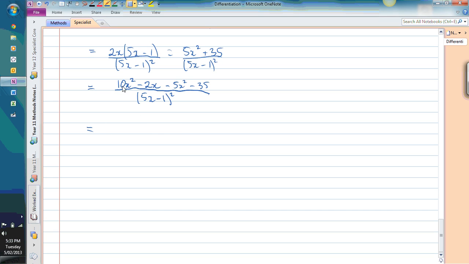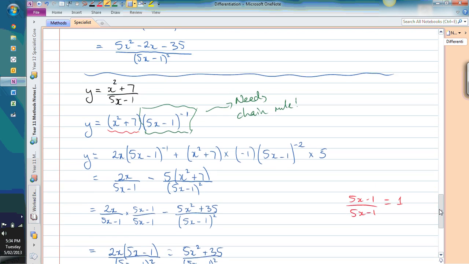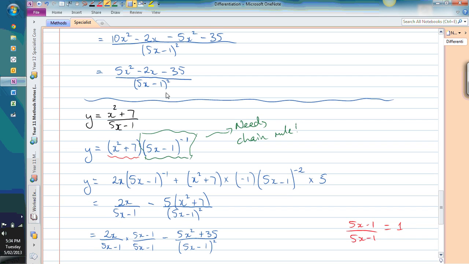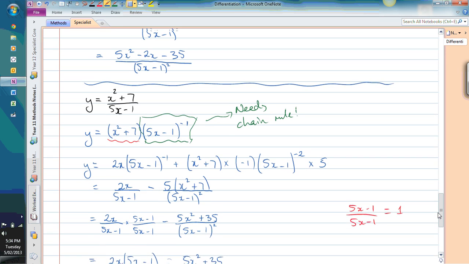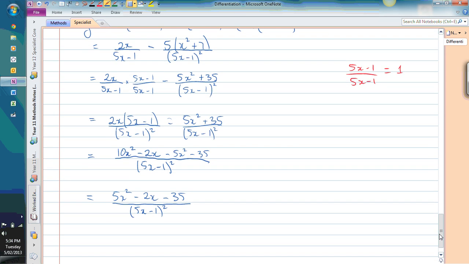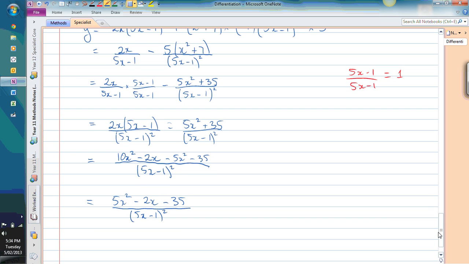And gathering like terms, 10x squared minus 5x squared is 5x squared, minus 2x minus 35, all over 5x minus 1 all squared. And if we compare that with our answer from before, you'll see that it's exactly the same. 5x squared minus 2x minus 35, all on 5x minus 1 all squared.